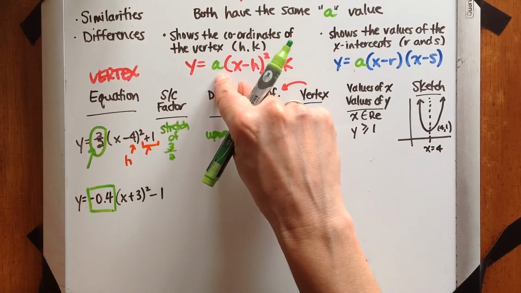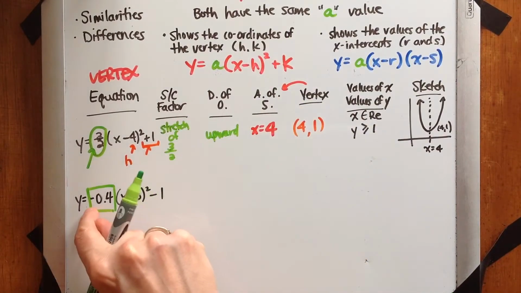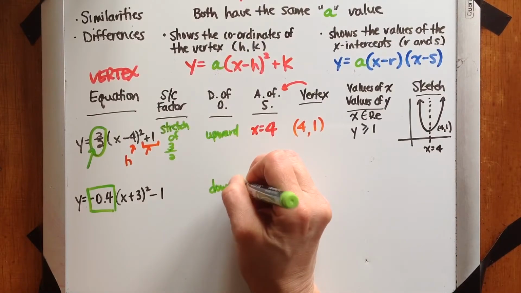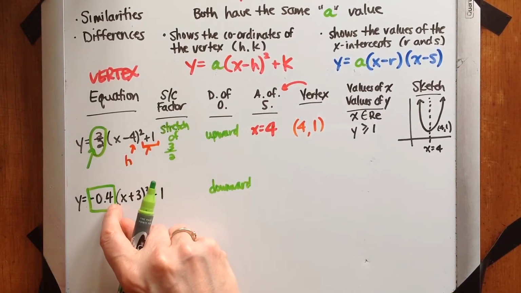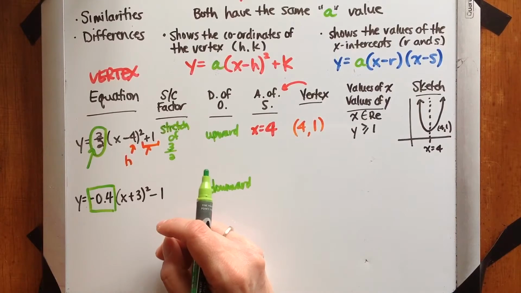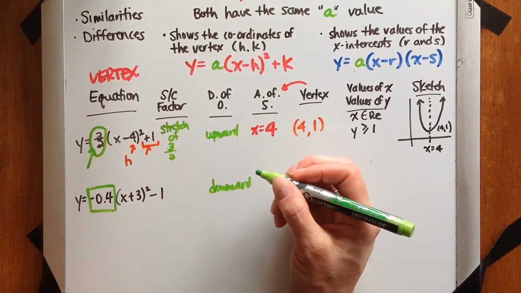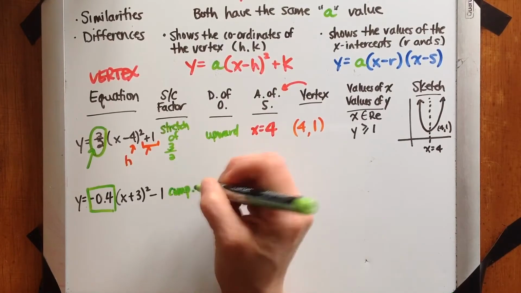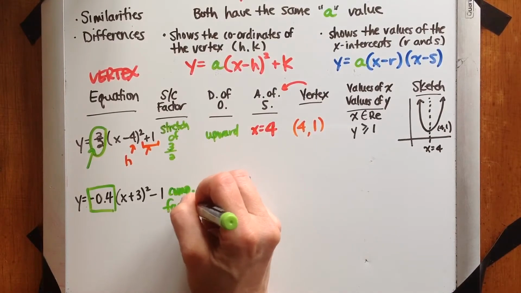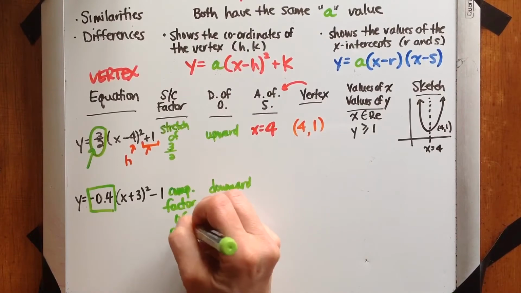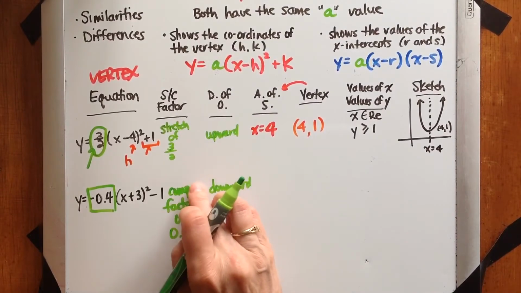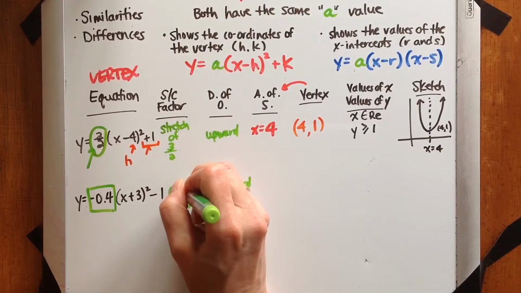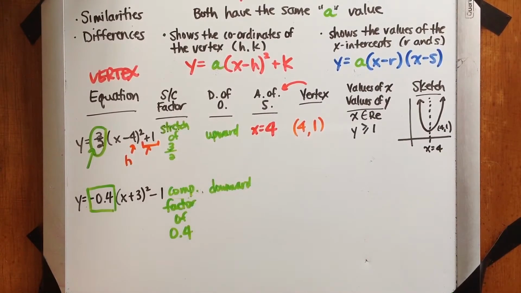We notice that it is negative, which makes it downward, and it is less than 1, which means this parabola compared to y equals x squared is compressed. I'm a little short on space, but I'm going to say compression factor of 0.4. That's C-O-M-P. I know it's hard to read, but I'll verbalize it too. Compression factor of 0.4.